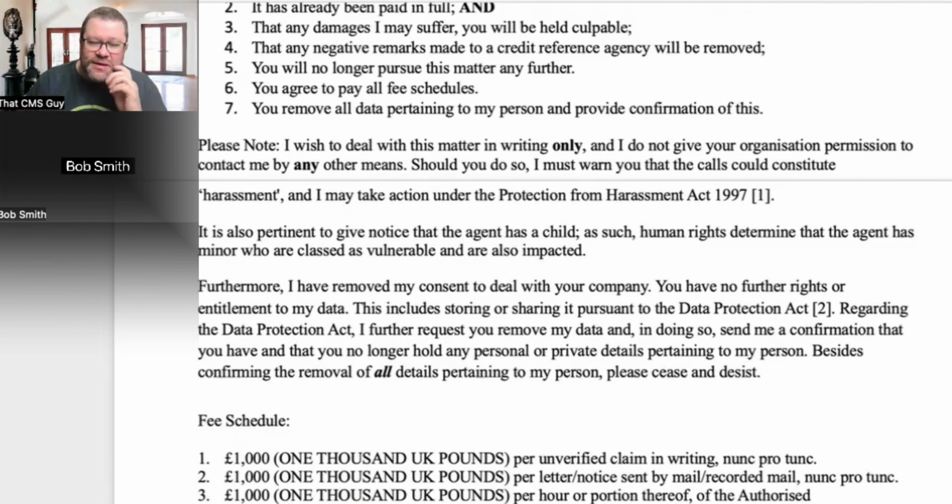When you get a letter from the CMS saying you've got a case open because you've got a child and you need to pay £300 a week, and you call them and say, my name's so-and-so, my child lives with the other parent, I've got to pay £300 a week, and they go, yes, you're taking part. How would you like to pay it? Oh, I'll pay it by credit card.